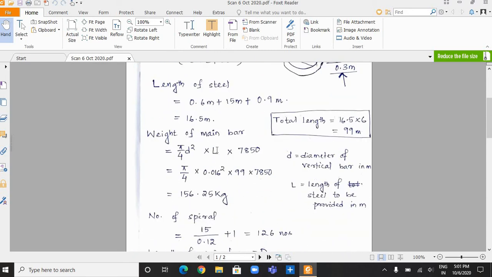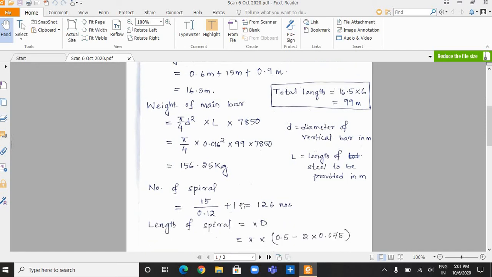The total length here is 99 meter, and the unit weight of steel is 7850 kg per meter cube. So pi by 4 multiplied with 0.016 square multiplied with 99 multiplied with 7850. This will give you the weight of the main bar used, that is 156.25 kg.